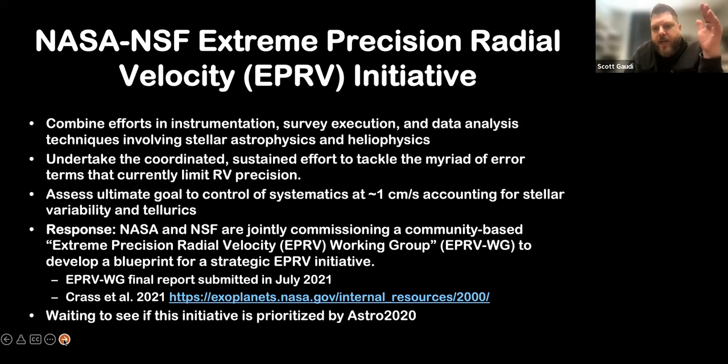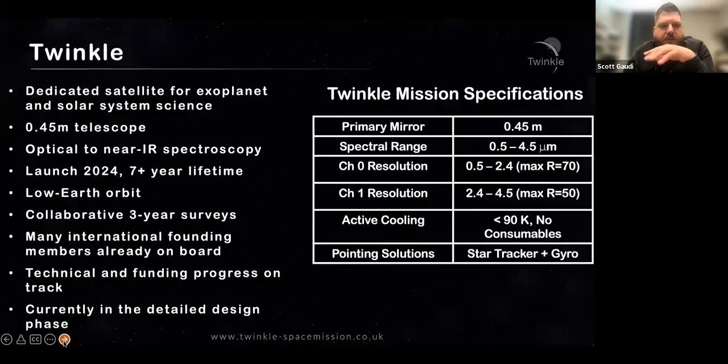I won't go through this. We published a report from the Extreme Precision Radial Velocity Working Group that outlined what this strategy would look like. This kind of broad survey using new telescopes or new instruments could enable us to get to Earth-like planets around sun-like stars. And you can find it on the web. I'll skip that.